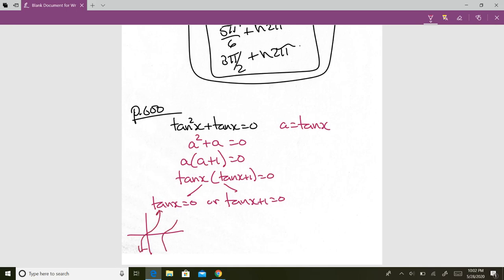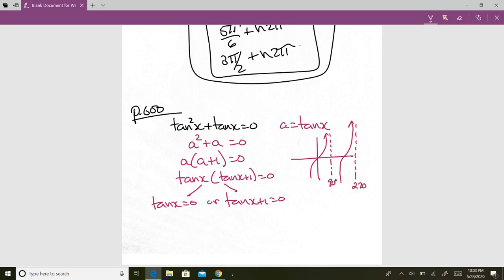So, the tan graph, remember, looks like this. And that was 90 degrees. And this is a really bad tan graph, so I'm going to redraw it up here. It comes up, goes through the origin, asymptote at 90, asymptote at 270.